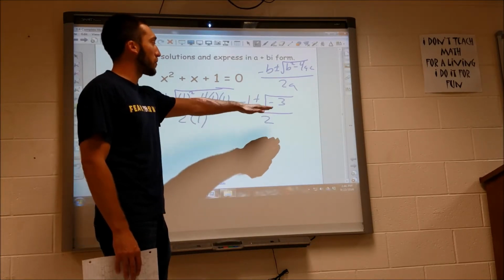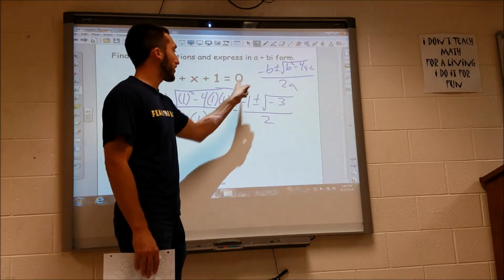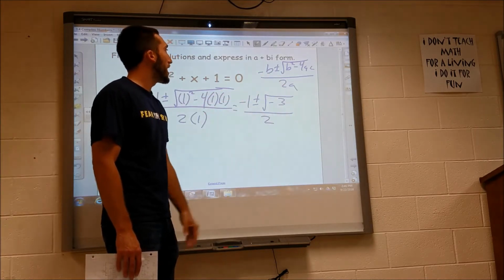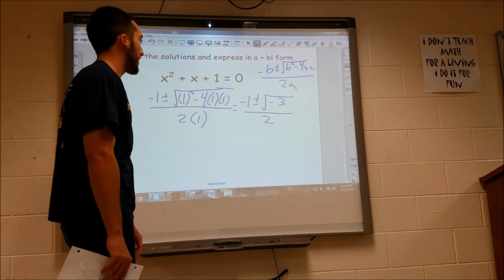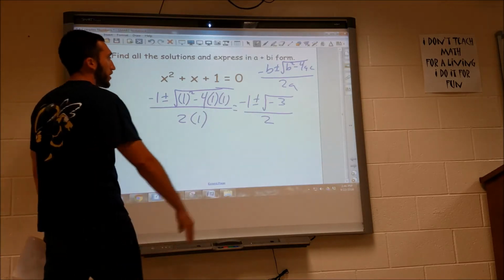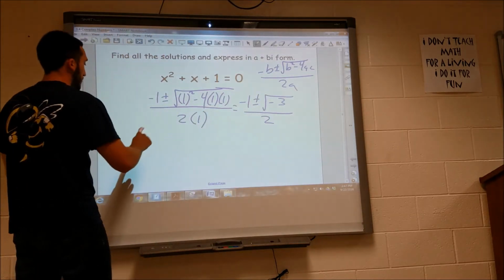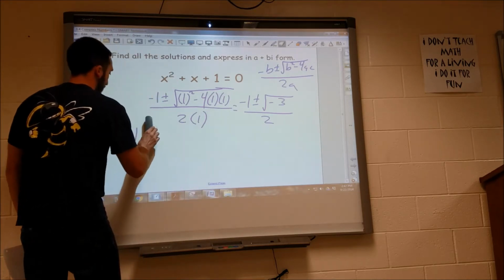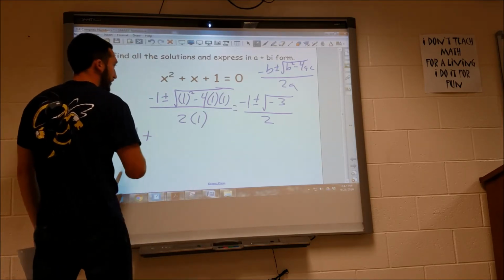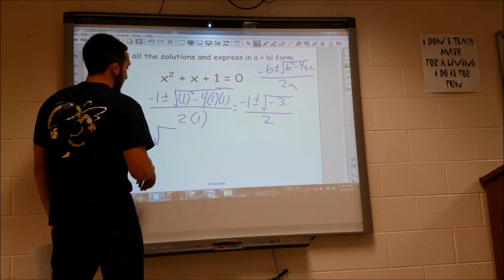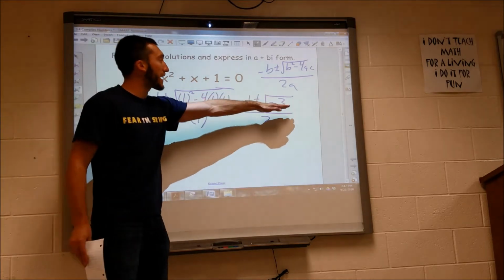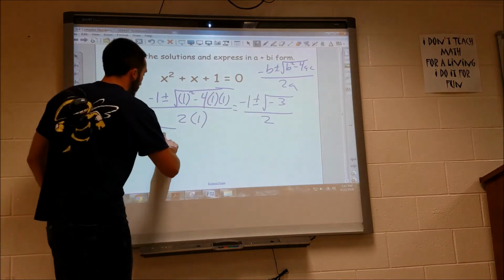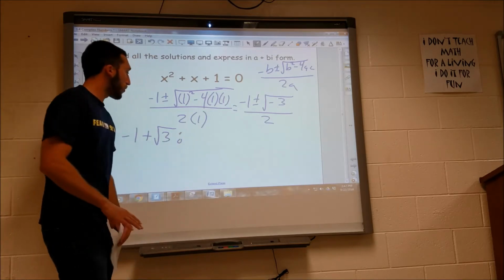But that is why this is important, that we get this complex number here and that we write it in a plus bi form. So now that I've got this here, that would leave me with negative 1, and I want to break it up into plus radical. And then since it's a negative under the radical, I can pull the negative out by pulling an i out.